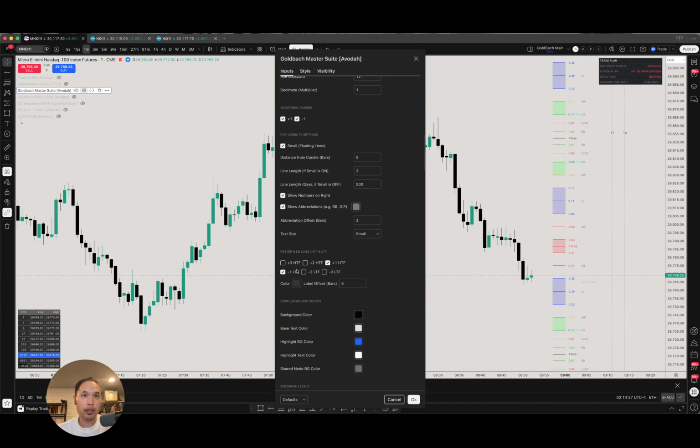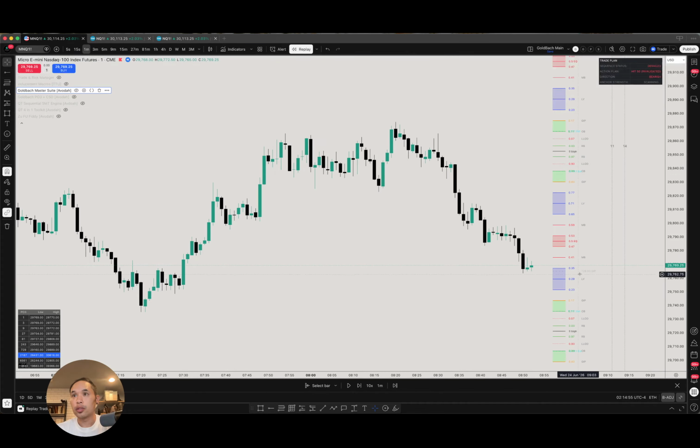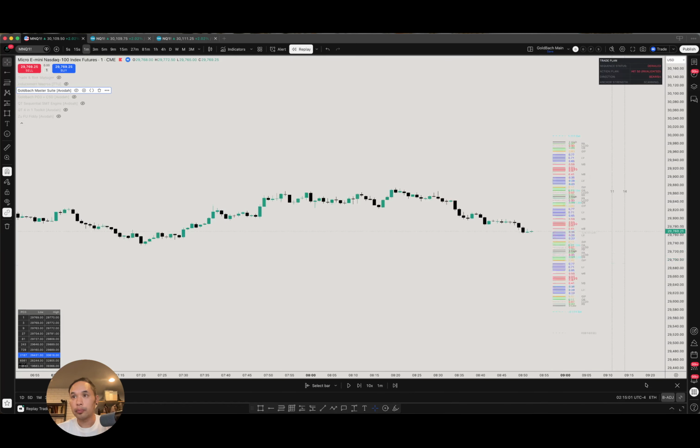So for example, if I wanted to see one PO3 range up, the 6561 level, I can click this. I want to see one down at the 729 range, then I can click this checkbox, and that will show me the 2983, 729 premium GIP level right here.